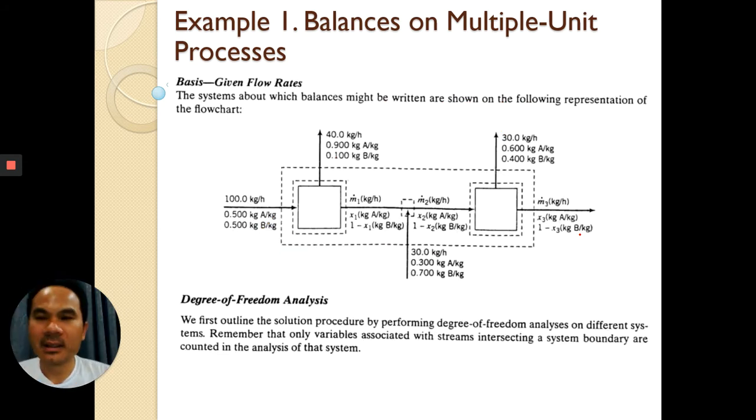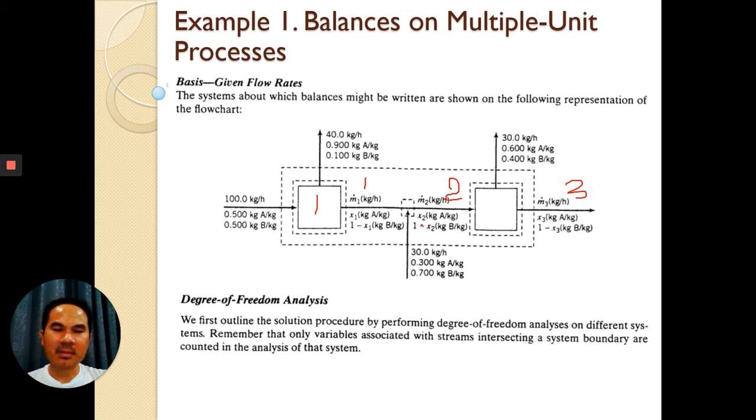For the basis, we are given the flow rate. You know the feed flow rate and total mass, and the output. Streams 1, 2, 3 are unknown. You have to specify M1 as the mass flow rate output of unit 1. X1 is the mass fraction of A, and the mass fraction of B is calculated by 1 minus X1.